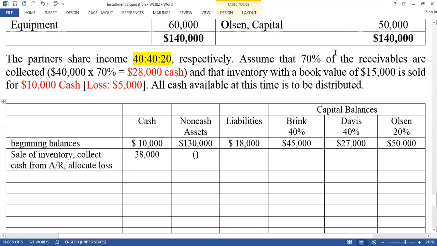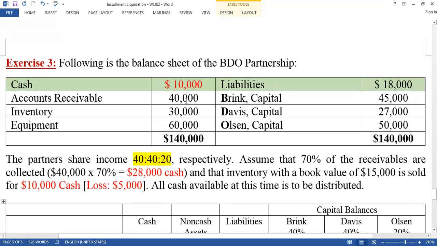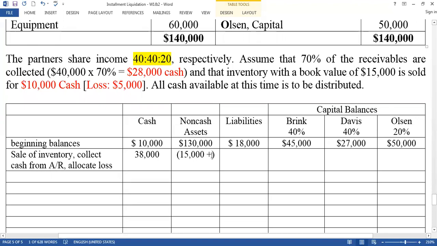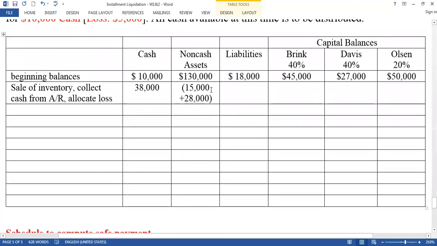First we sacrifice book value. We sacrifice $15,000 book value, right? And from receivables we already sacrifice 70%, $28,000. So we sacrifice $28,000 accounts receivable decrease, and our inventory $15,000.